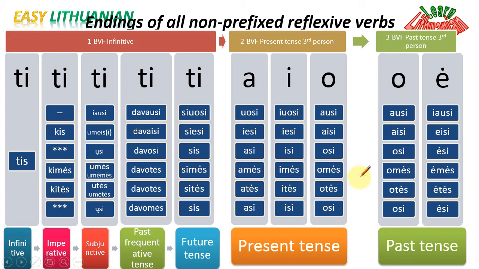But if the verb is reflexive, me and te always change to mes and tes. So whenever there's me and te, you change it to mes and tes. Doesn't matter what's before that.